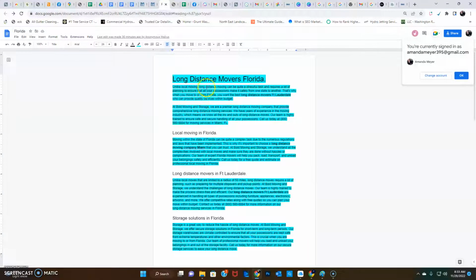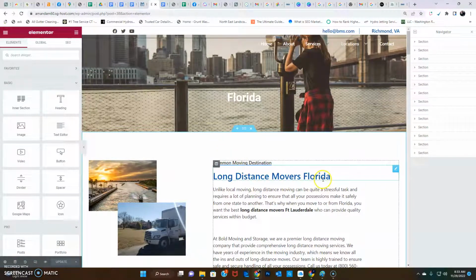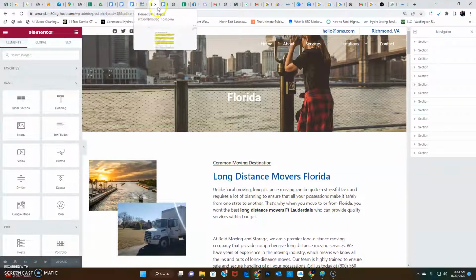Okay, so we've got long distance movers, Florida. But we have to be paying attention to this one here, which says common moving destination. Well, it's not talking about a route in this content right here, like it was in the New York page.